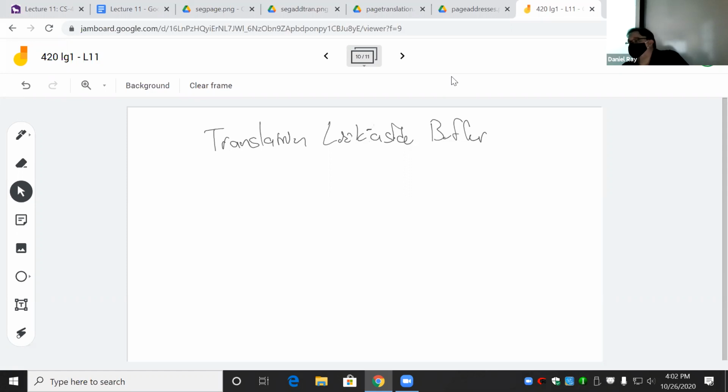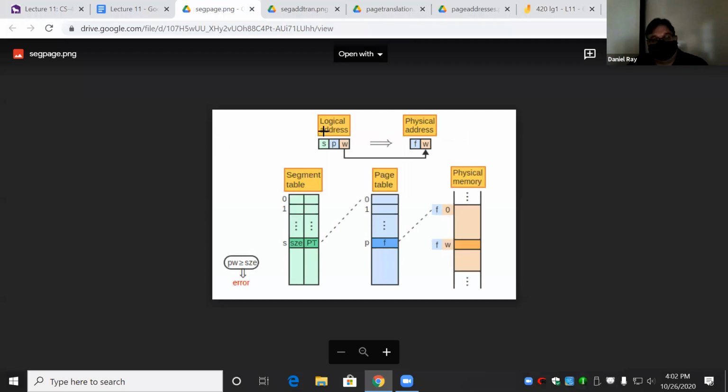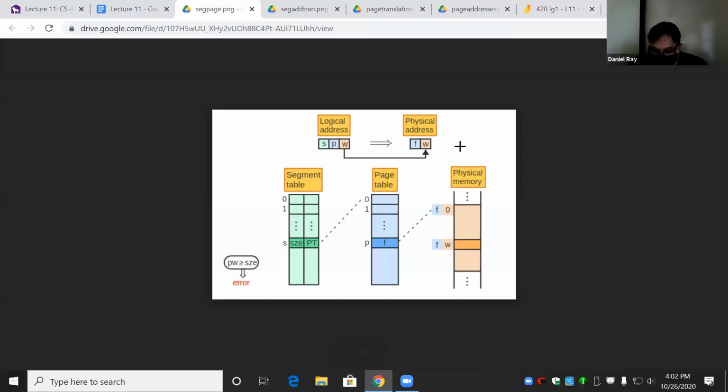each other, right? So I should have a fast memory register on the CPU itself, even faster than RAM, a register dedicated memory on the CPU, and each time a logical address is translated into a physical address, I'm going to store the SP to F translation.